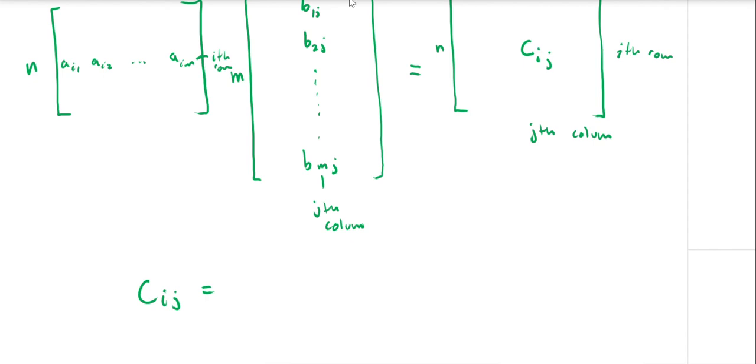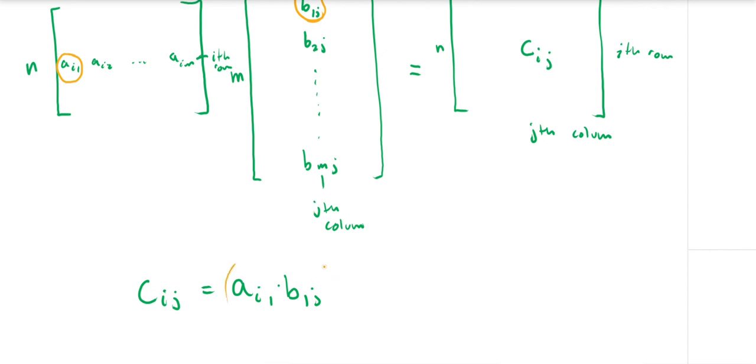We are going to take a pairwise product between each thing in these two lists, and we're going to sum them. So for example, I'm going to take Ai1, and let's circle these so we can see where they are, and I'm going to multiply that by B1j. So the first entry in this row here, I'm going to multiply by the first entry in this column here.